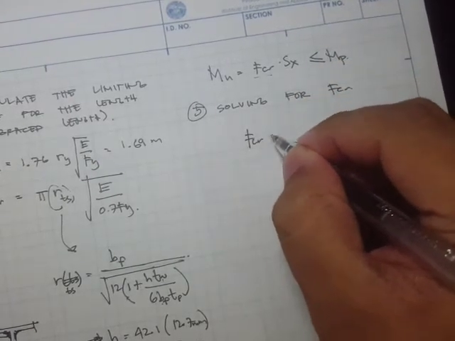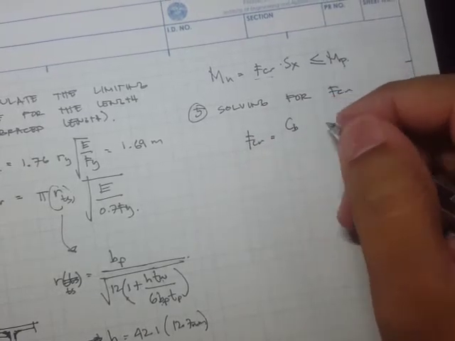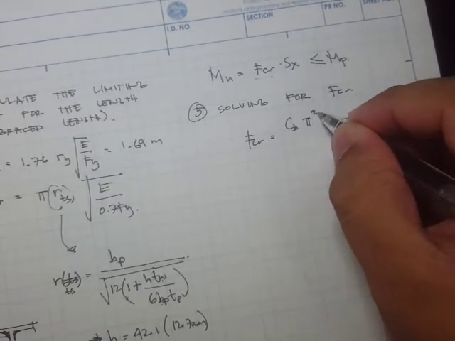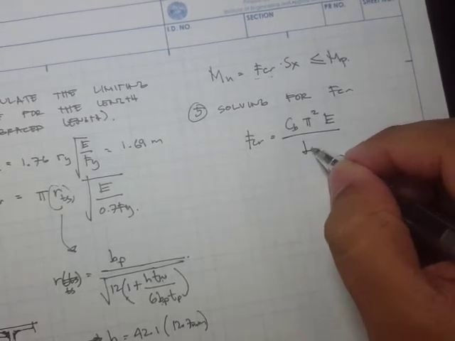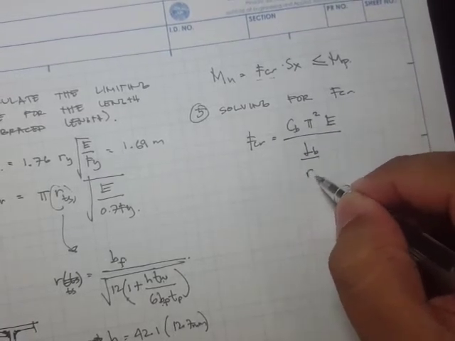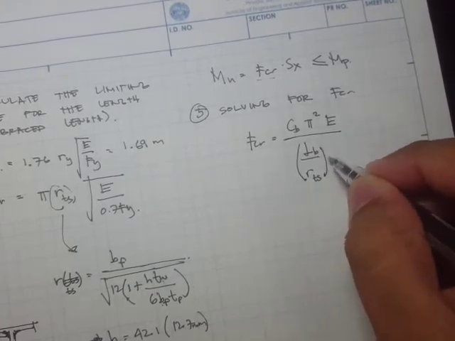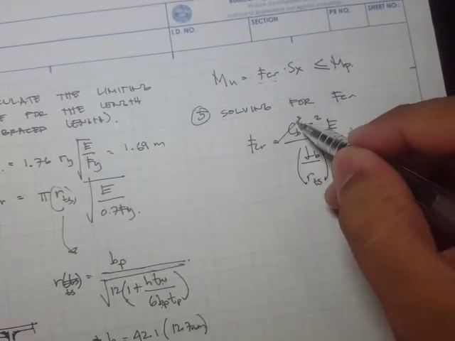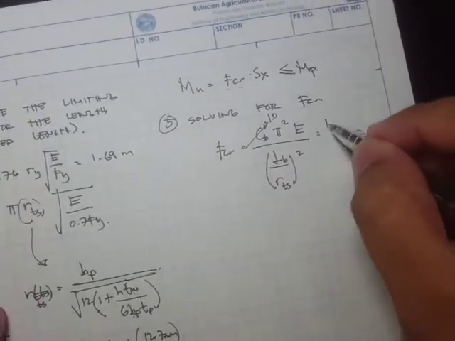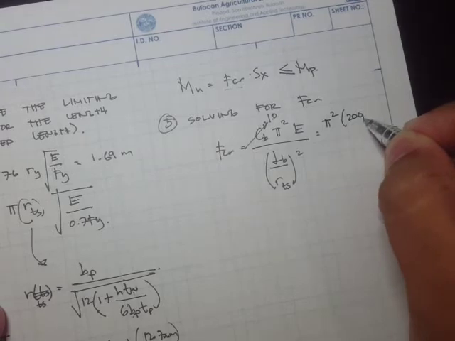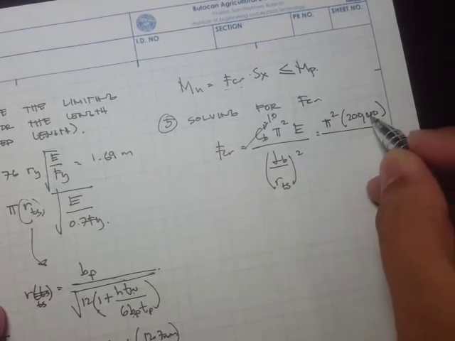FCR is equal to the moment rigid factor times pi squared times E all over the unbraced length divided by RTS, squared. This one, just assume it is 1.0, and pi squared times 200,000 megapascals.